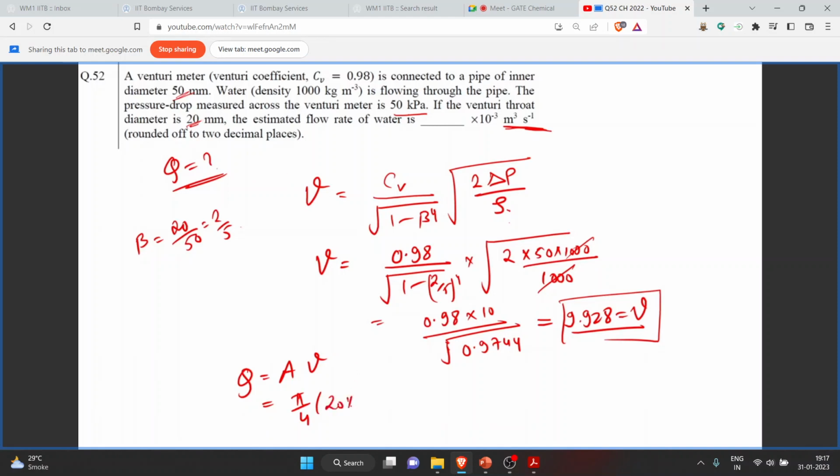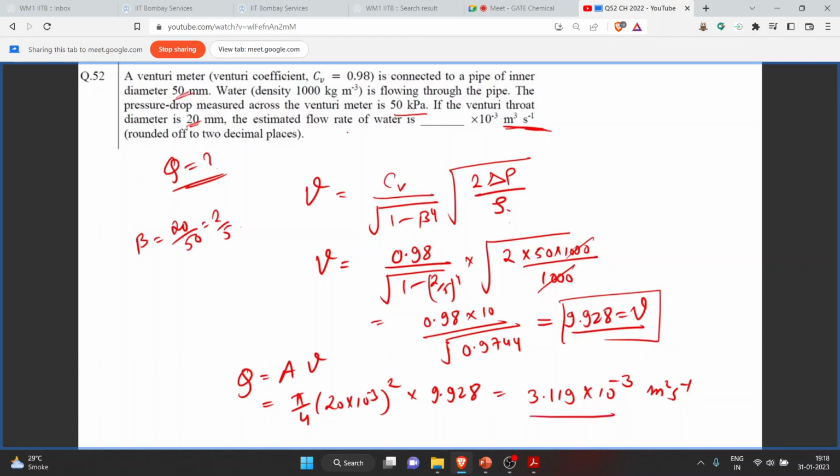So it will be 20 into 10 raised to minus 3 meter whole square into 9.928. You can calculate this, and this will come to around 3.119 into 10 raised to minus 3 meter cube per second.